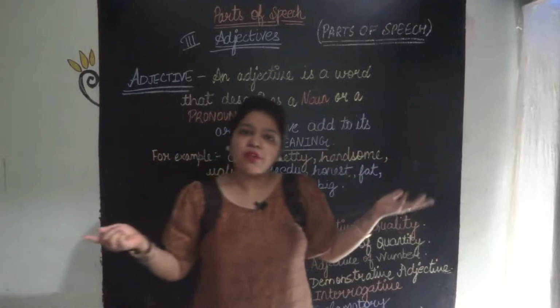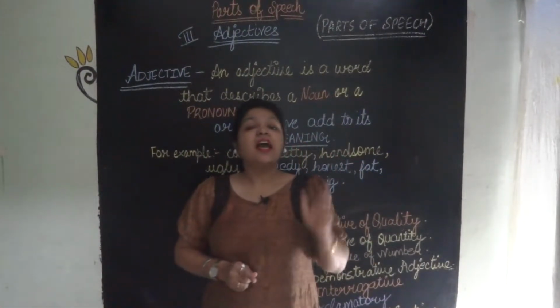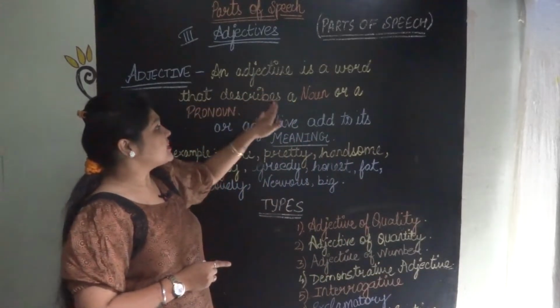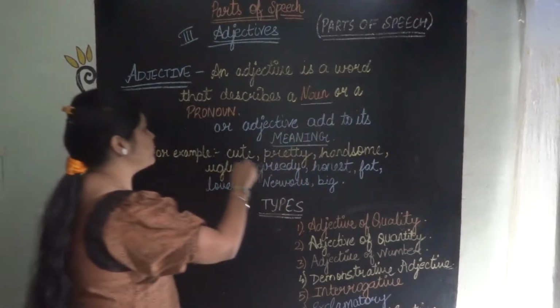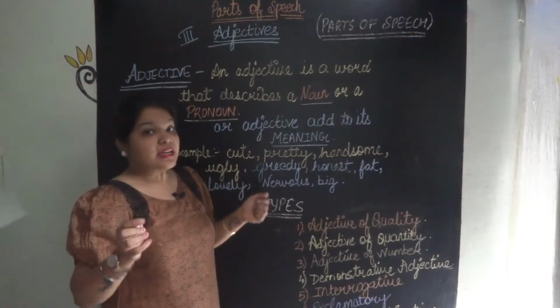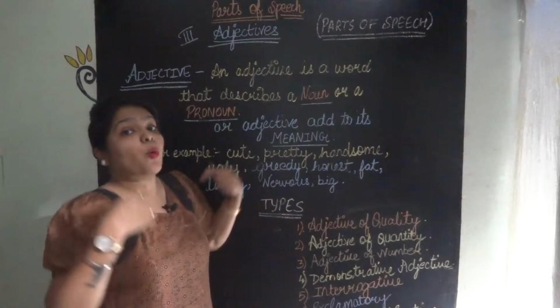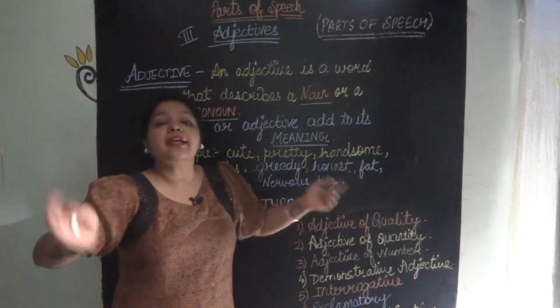What is an adjective now? Just understand this. An adjective is a word that describes a noun or a pronoun. It's just a word that adds a meaning, gives a quality, or you can say these adjectives are just to decorate a noun.